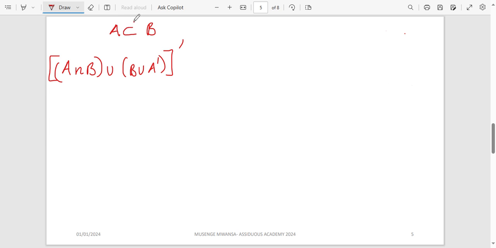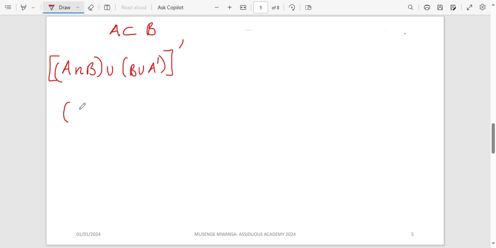Now, this one I've written here is a subset. If I write this, it is known as a superset. Shouldn't confuse you. A is going into B. Here it means that B is the one going into A. So A is a superset of B, and A is a subset of B. So the first thing first, we are going to distribute a complement.